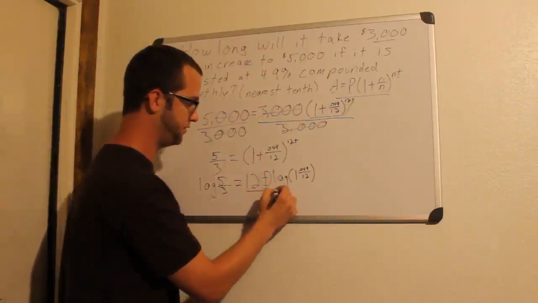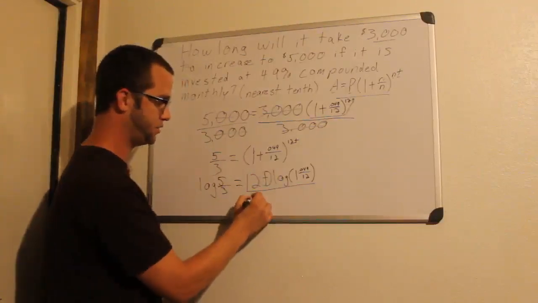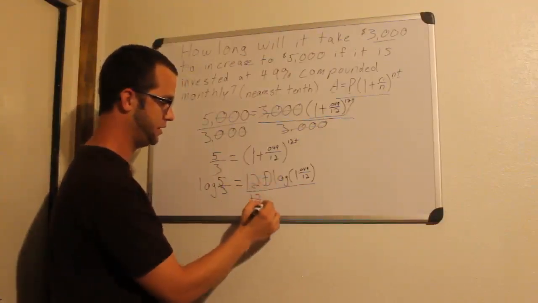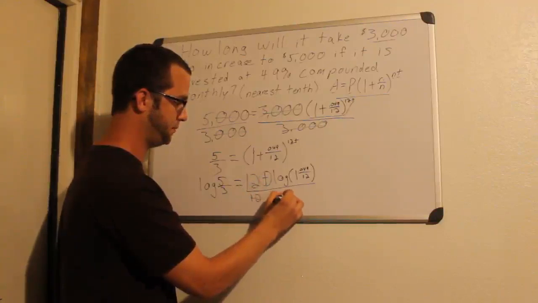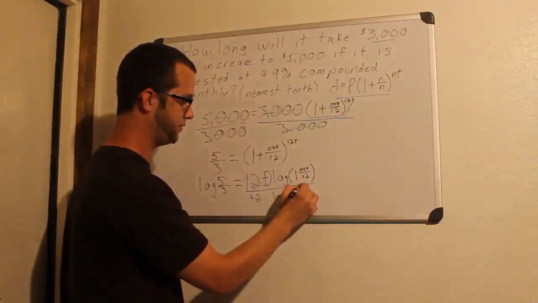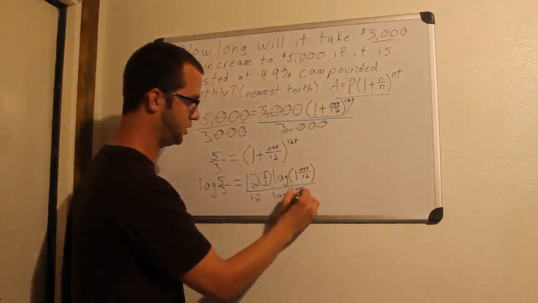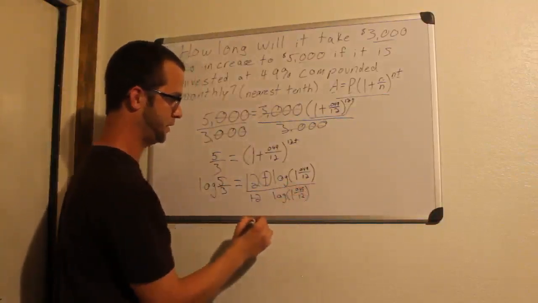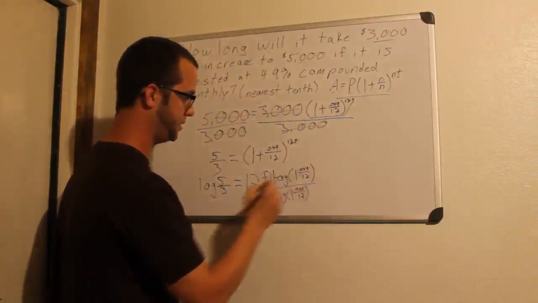So what you're going to do is divide the whole right side of the equation by 12, which gets rid of your 12, and log of 1 plus 0.049 over 12, and that will get rid of the logarithm on that side.